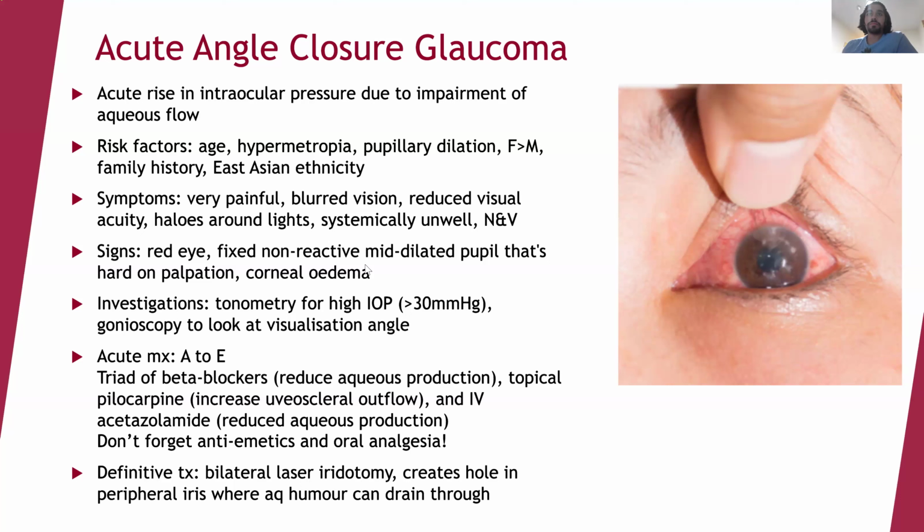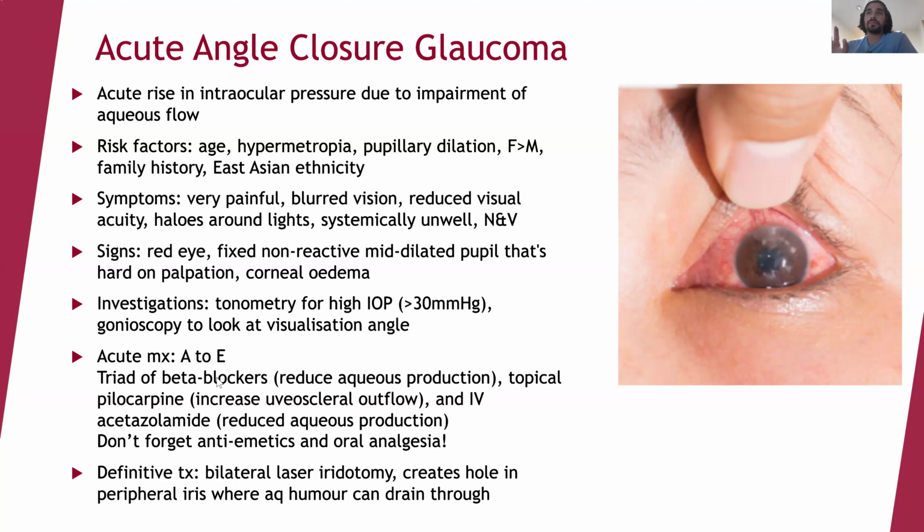So the signs on examination are that you get a red eye, fixed and mid-dilated pupil. It's quite hard because of that fluid buildup. It's a hard palpation, and you get corneal edema. So you do a tonometry, which will show a high intraocular pressure. And you also want to look at the angle that we talked about where the trabecular meshwork is.